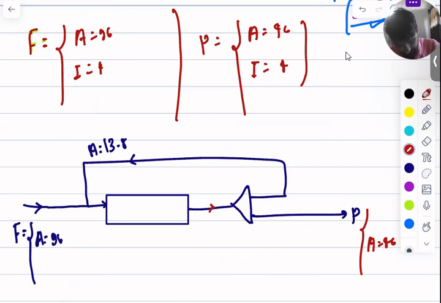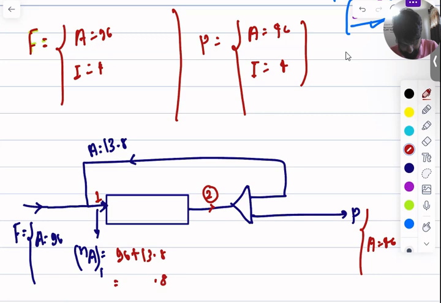So the total amount of A which is entering at this point is how much? The number of moles of A at point 1. This is our point 1, and this is our point 2, let's say. So how much? 96 plus 13.8, that is equal to 109.8 moles. So at this point, the number of moles of A we have calculated.